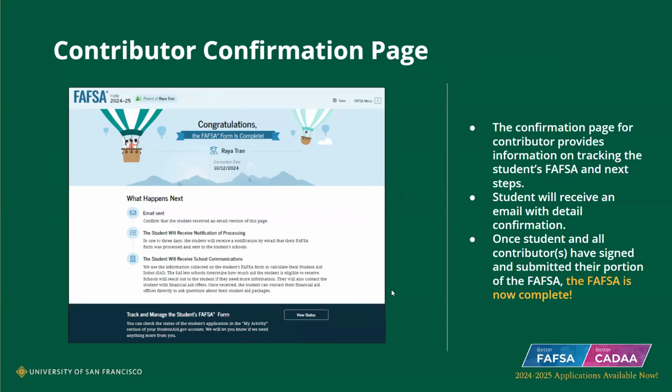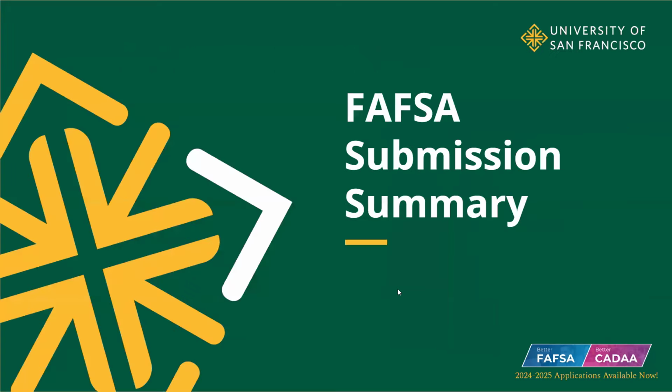And once the student and all contributors have signed their portion, the FAFSA is now complete and you're just waiting. The school will receive the information. Once they start processing, you will receive the FAFSA submission summary, and then all of the information can at that point either be edited or you're ready to be awarded.